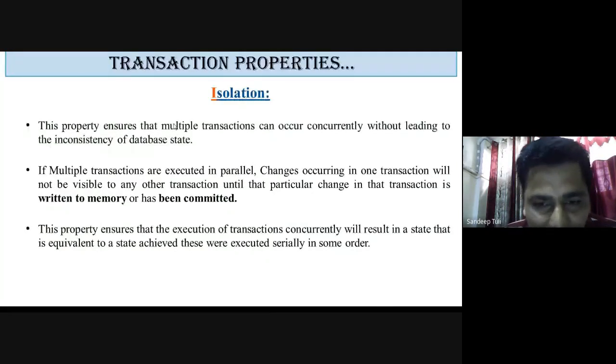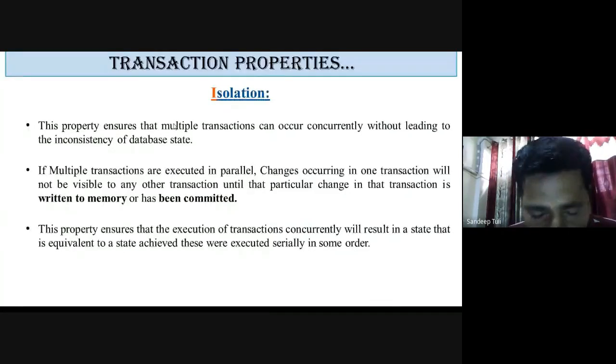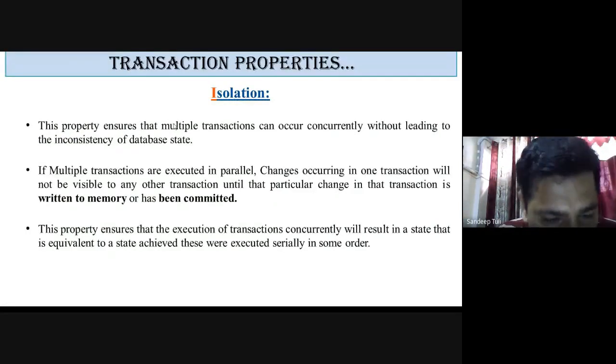For that, again, we will have some technical methods to ensure that it will be isolated. It means, suppose you are trying to reserve your seat through IRCTC, and at the same time I am also trying to make a reservation on the same train from the same source to the same destination.